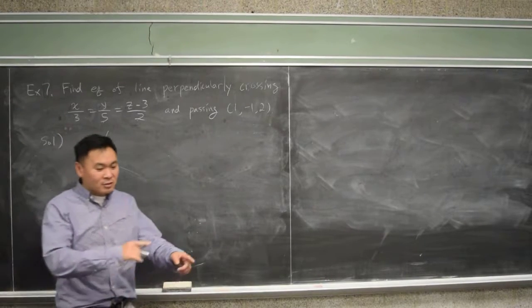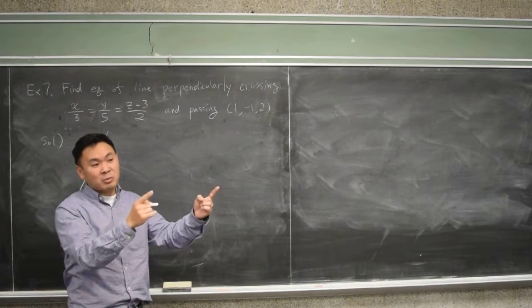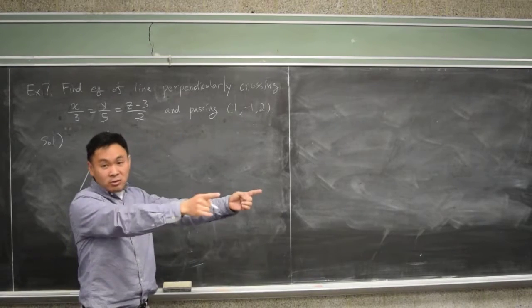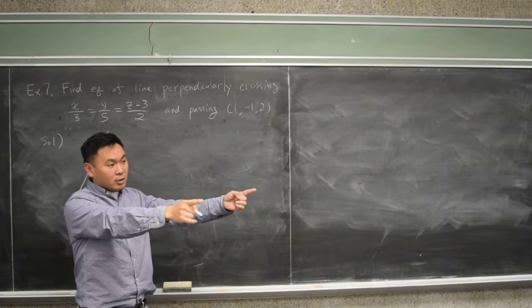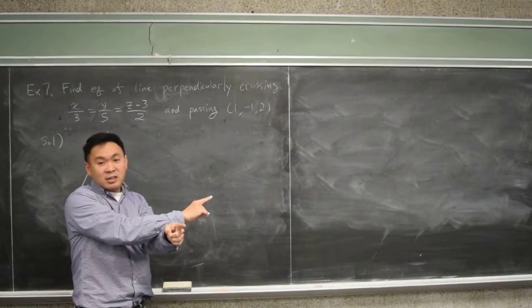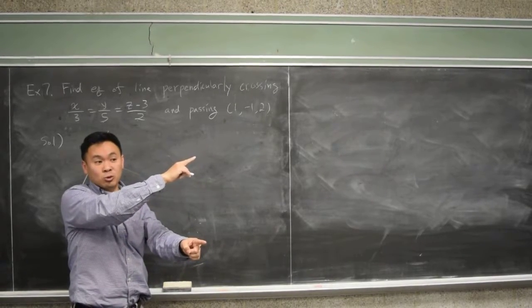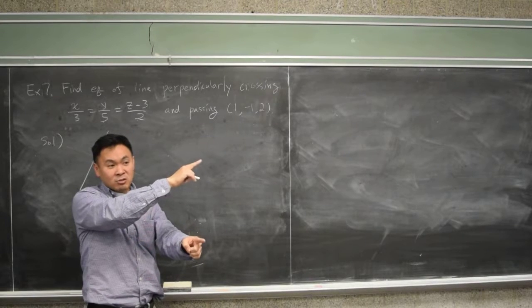Actually, you know what? In space, if there are two lines, there are three possibilities. Either they're parallel, or they meet, or if they're neither meeting nor parallel, you call this being skew.